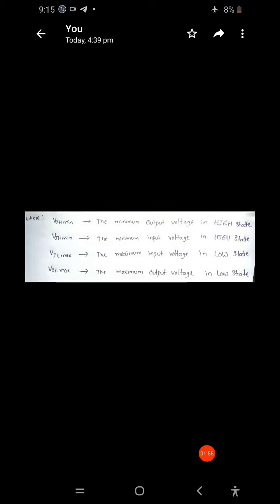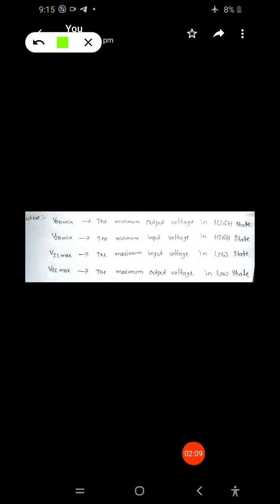Here, what is VOH and what is VIH, that we see now. VOH minimum indicates the minimum output voltage in high state, and VIH minimum indicates the minimum input voltage in high state, and VIL max indicates the maximum input voltage in low state, and VOL max indicates the maximum output voltage in low state.